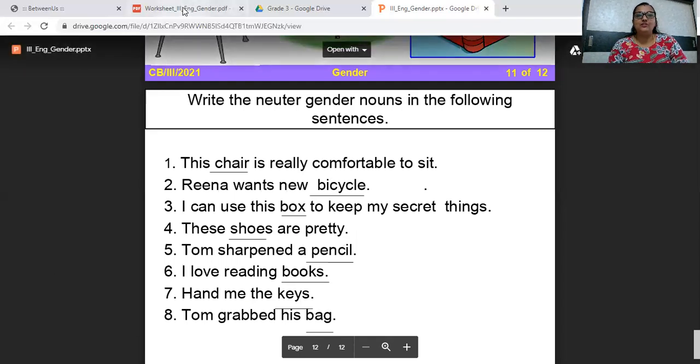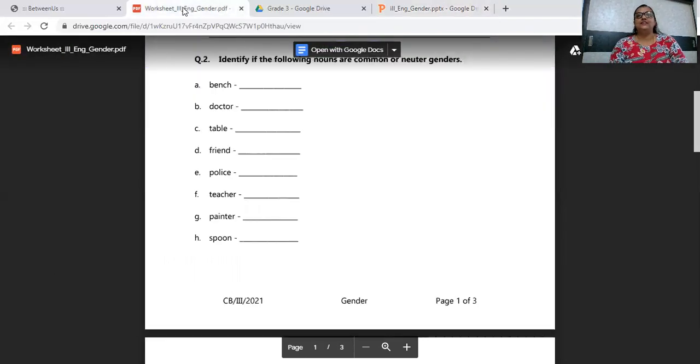Let's solve a small worksheet related to this. Identify the following nouns, whether they are common gender or neuter gender. First one, bench. What type of gender is this? Very good. It's a non-living thing, so it is neuter gender. Doctor, very good.